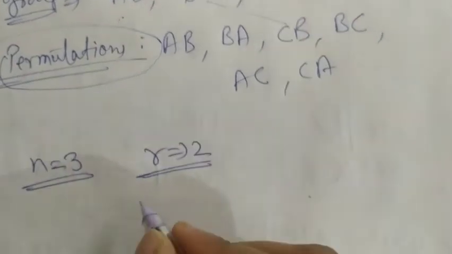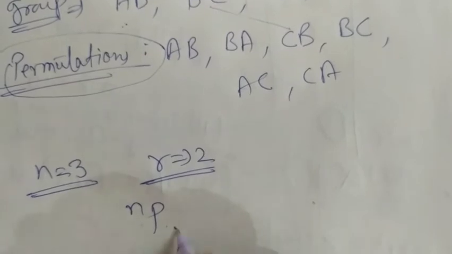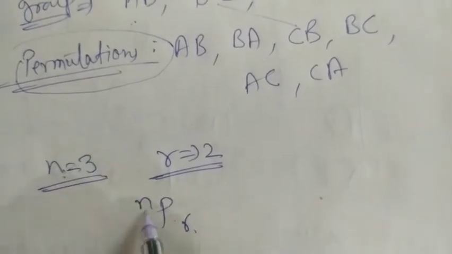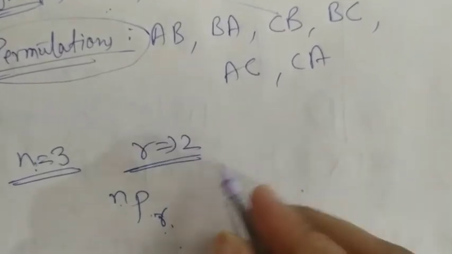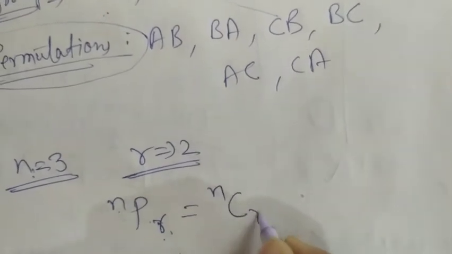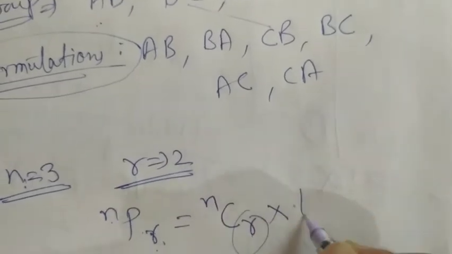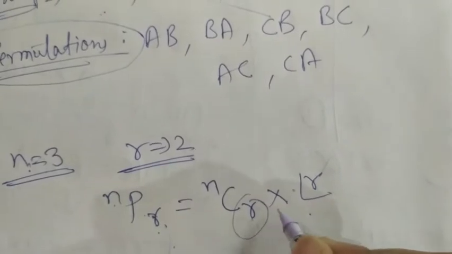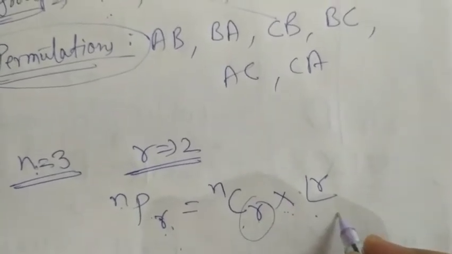When I am making permutation from total n objects, taking r objects at once, what am I doing? Firstly I am choosing r objects. Okay, after that I am arranging those r objects. I am multiplying here because these 2 works are happening together.